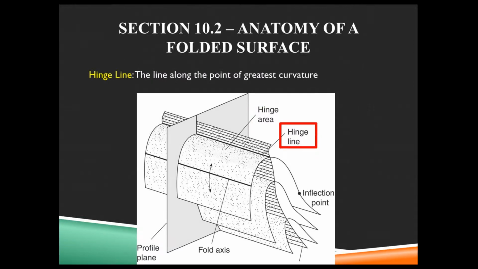The hinge line is a line right along that point of greatest curvature. In this case, it's a straight line. Sometimes a fold will have curves and bends in it horizontally as well, and so the hinge line will be a bent or curved line.